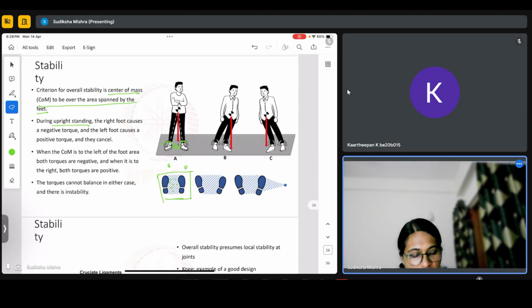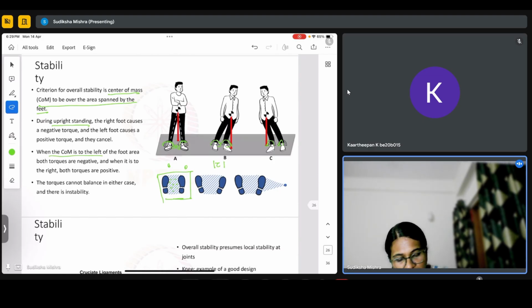In cases where there is a shift, both of the torques will be in the same direction, either in this or in this direction, depending on which side the person is shifting. In those cases, there will be a net magnitude of the torque. Therefore, since the torques are not able to balance, there will be an instability.